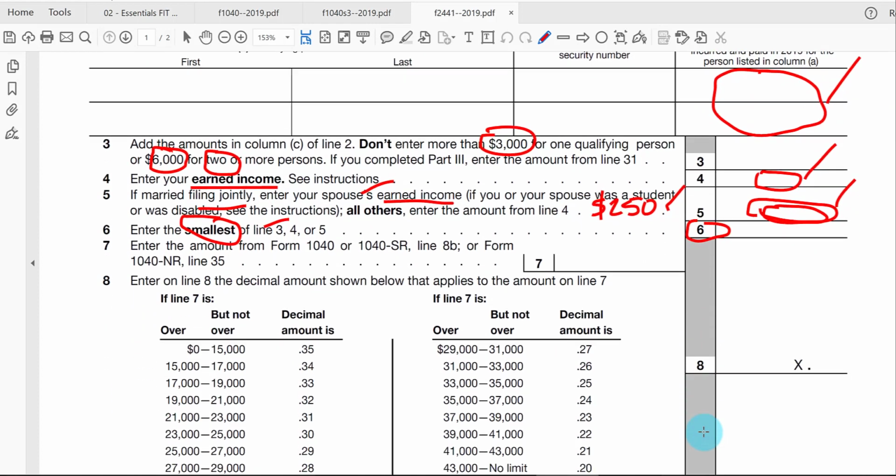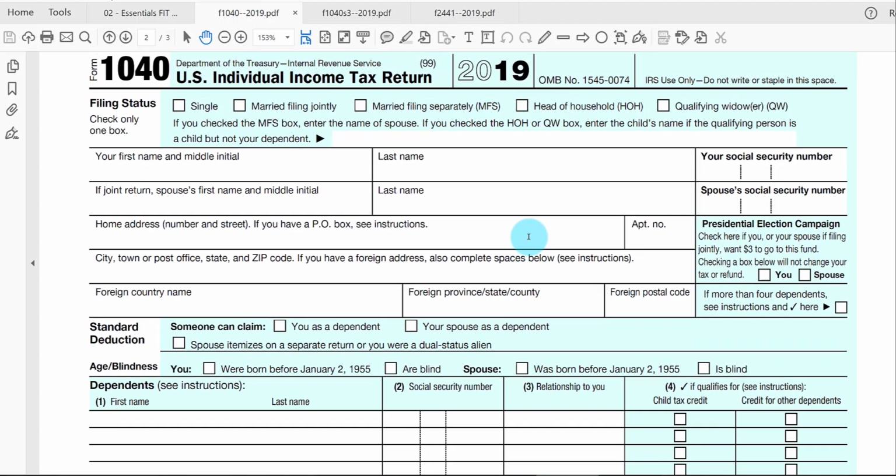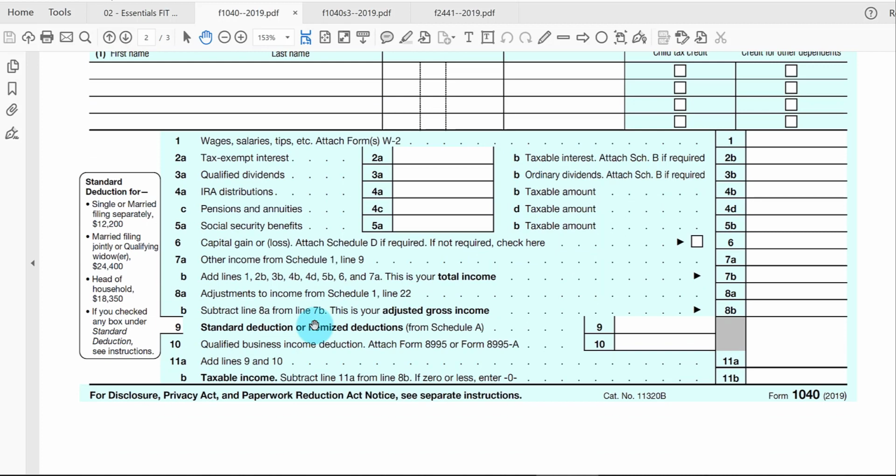That percentage is on this table here in line 8. So what we do in line 7 is go back to our 1040 form and look at the dollar amount in this line 8B. So if you remember back here on the 1040 form, we calculated all the way down to the taxable income amount.